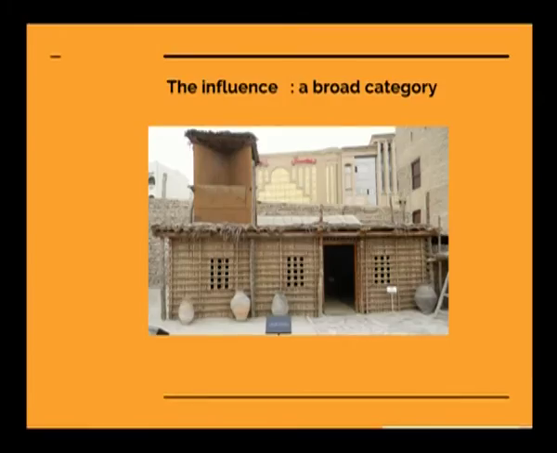Okay, so we are going to be talking about the influences that affect vernacular architecture. I want you to consider these two images as well. If you look at these images, you can get a rough idea of what influences vernacular architecture. The first thing that strikes me, or should strike you, is the materials used.